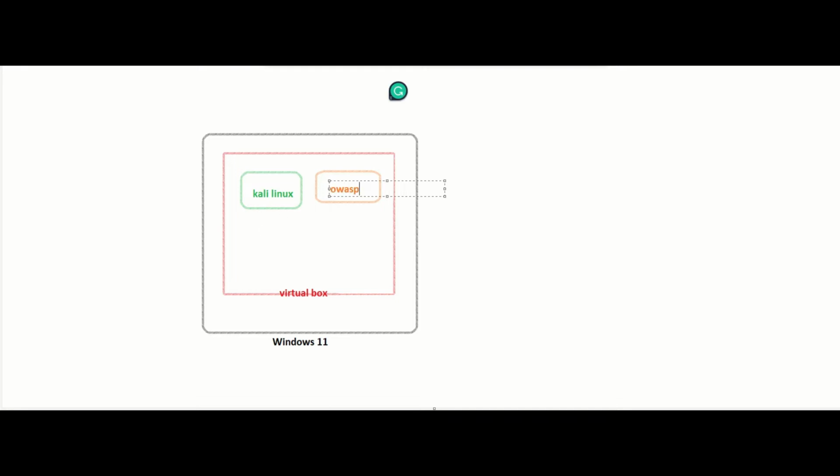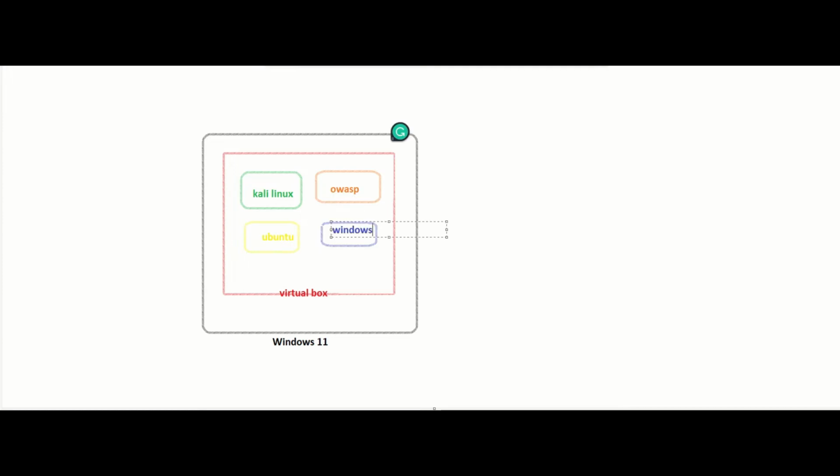You need Ubuntu here, so you will install another operating system, Ubuntu, for example, inside your VirtualBox. And also we can say you need a different version of Windows, like Windows 10 or Windows 11.